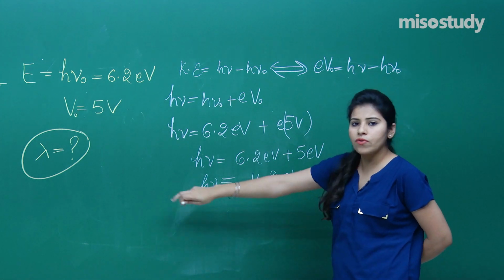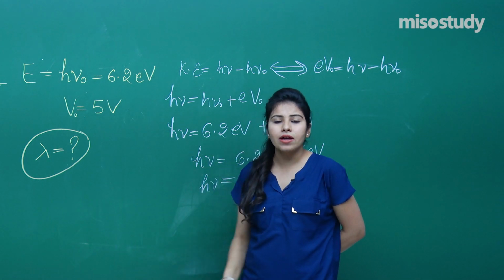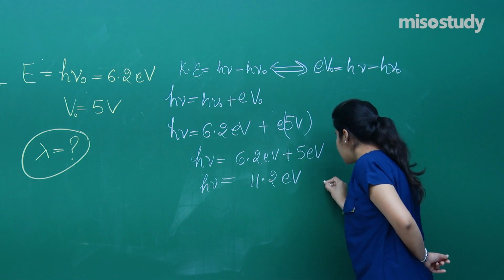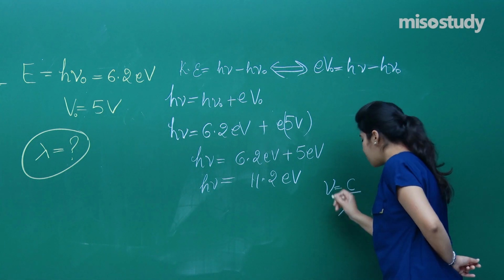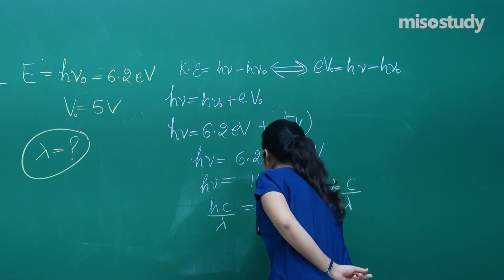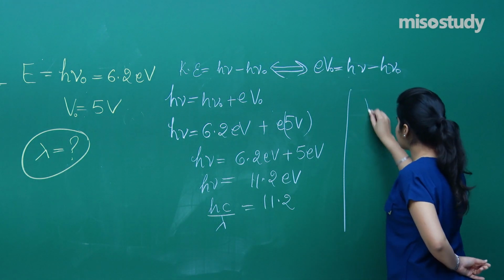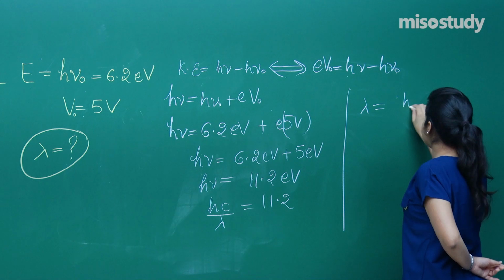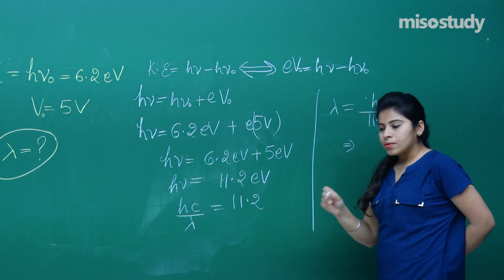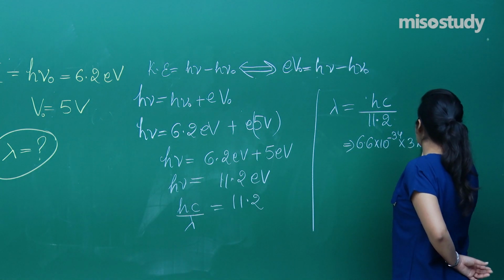We have to find the value of the wavelength, and the formula for wavelength: we know that nu equals c by lambda, so lambda is c by nu. So we can use 11.2, and you will see that the value of lambda will be hc upon 11.2. So put the value of hc, 6.6 into 10 raised to the power minus 34 into 3 into 10 raised to the power 8.